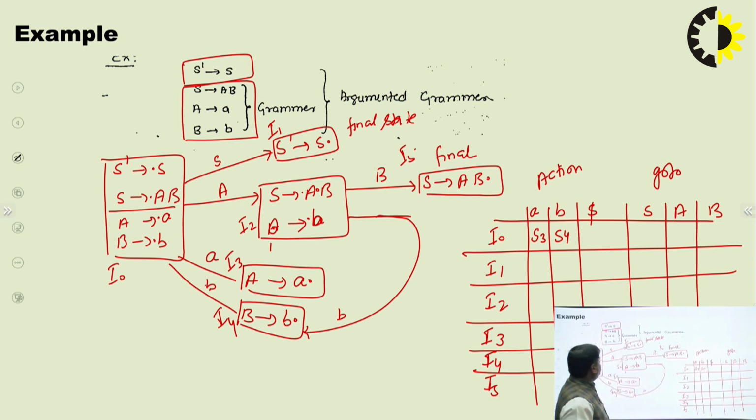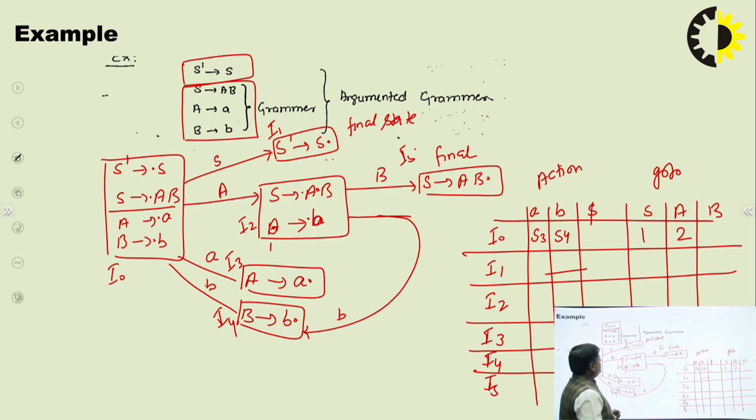And from the non-terminals, that is 1, and A, that is state 2, and no input from the B state. Now the I0 state has been completed, and we find this transition table.